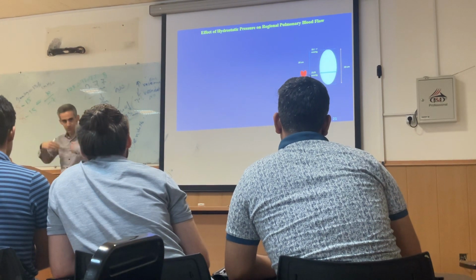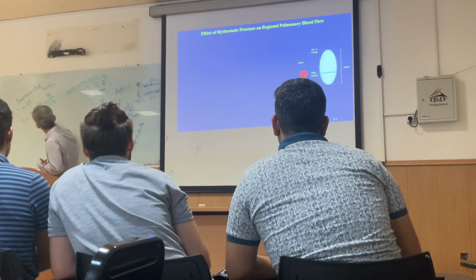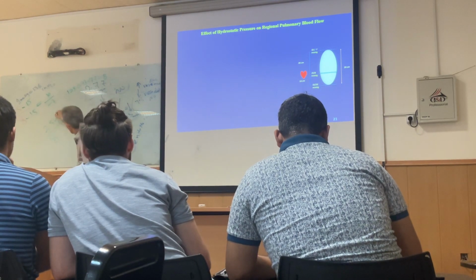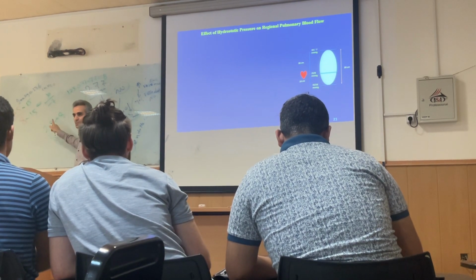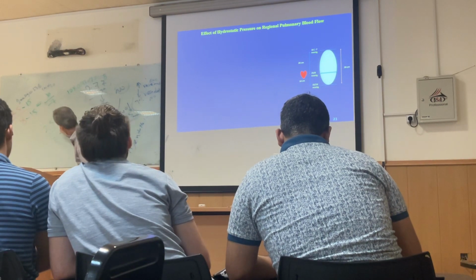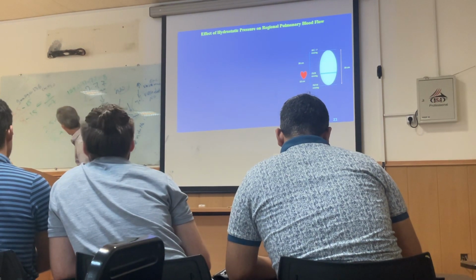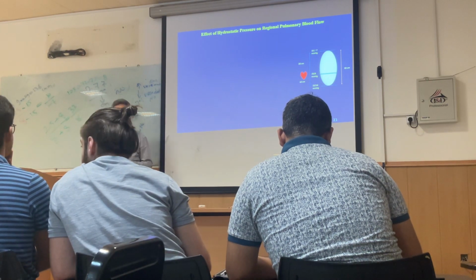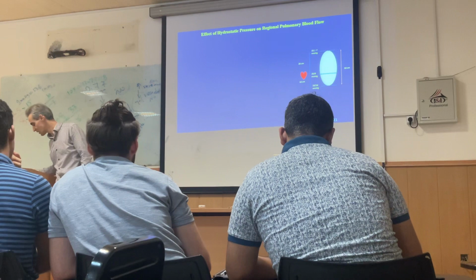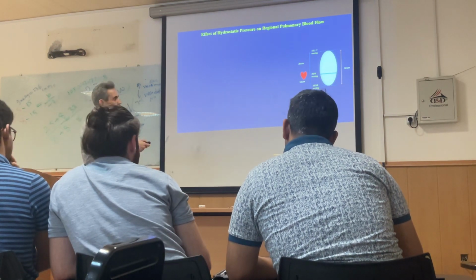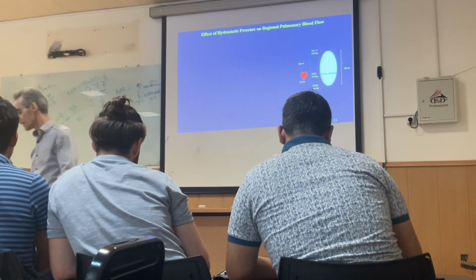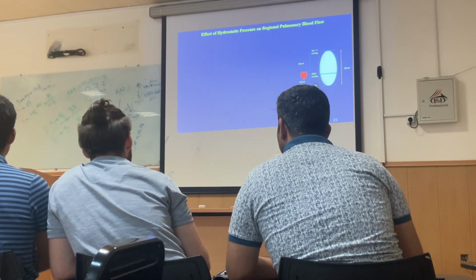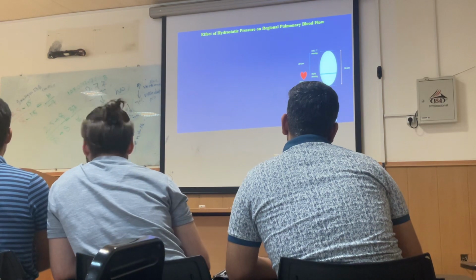At the bottom, we should add 8 millimeters of mercury for systole and 8 for diastole. By this, you can see that the systolic pressure at the bottom is 33, and the diastolic pressure is not 8, it is 16. Okay? So this is the first.